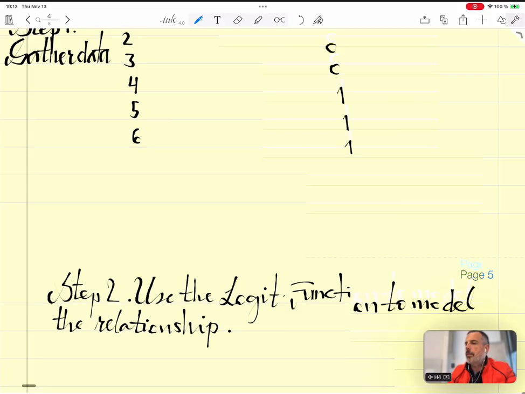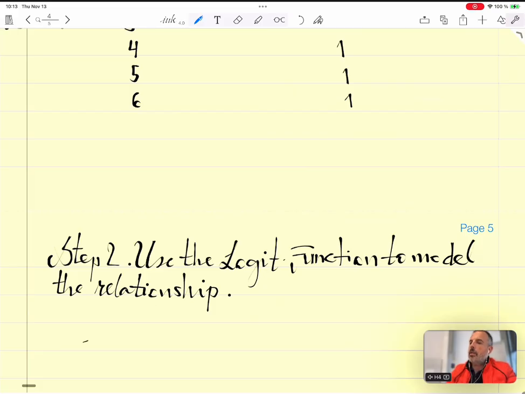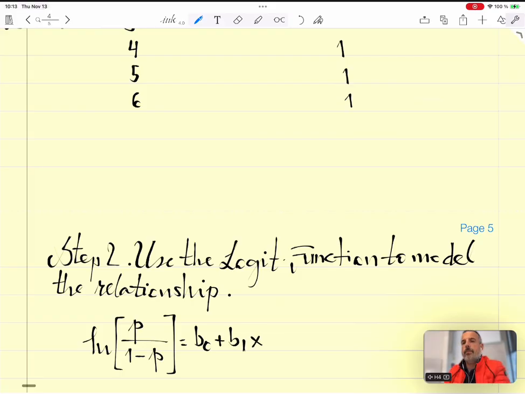Okay? So the logit function is the logarithm of p divided by 1 minus p equals b0 plus b1 x. Okay?